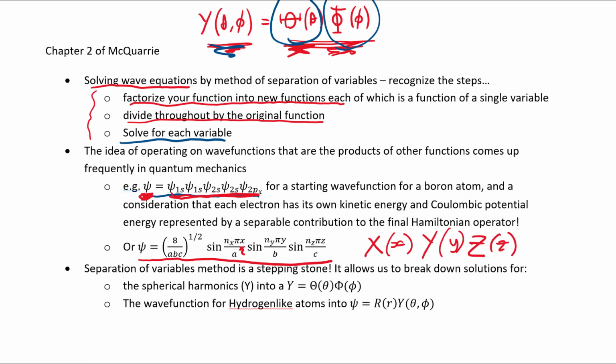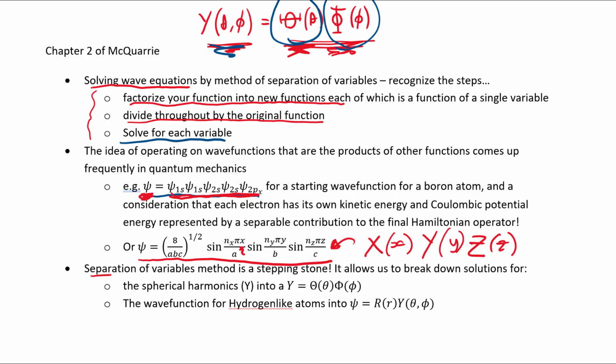All right, so that's what this expression is, and this ends up being the solution to the Schrödinger equation for the particle in the three-dimensional box. And so we can use the same ideas that come up here in chapter 2 of McQuarrie, using the separation of variables approach throughout the textbook.